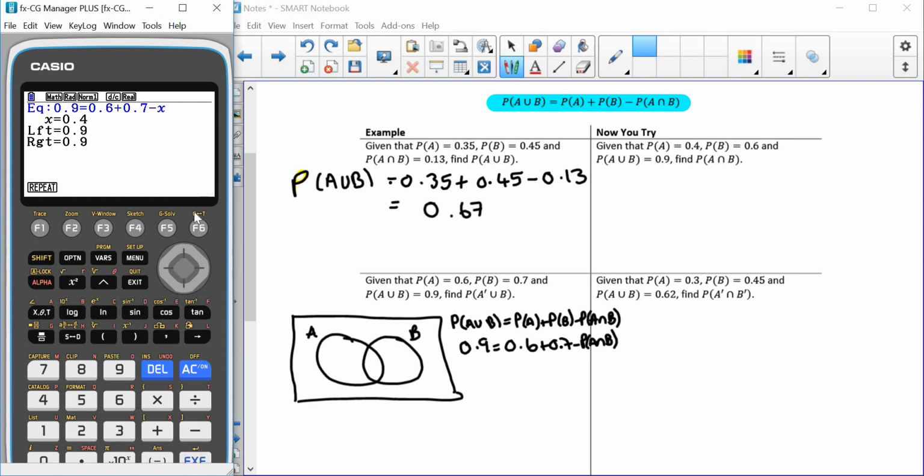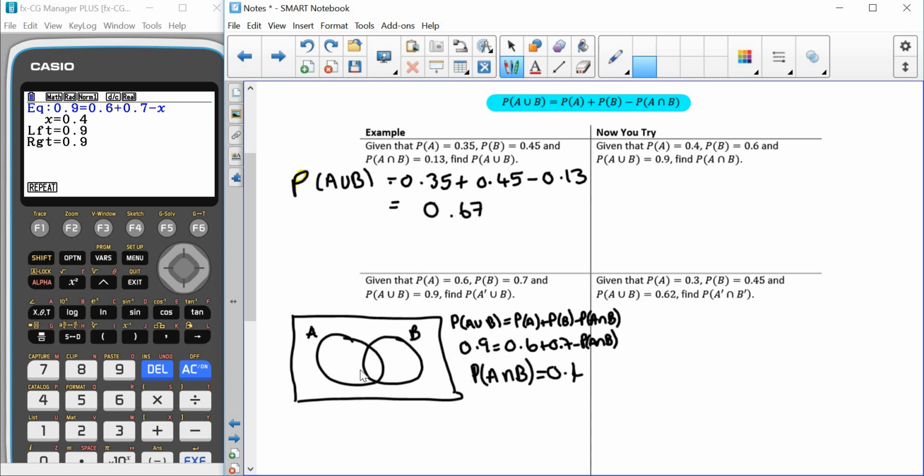Remember that you have to click execute twice to get our answer, which gives us the probability of A and B being 0.4. So now we know we have 0.4 in our A and B section.